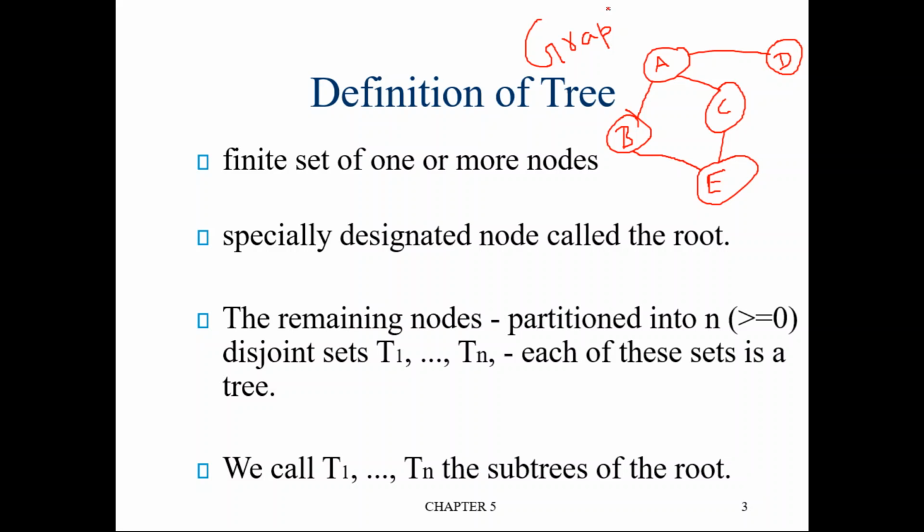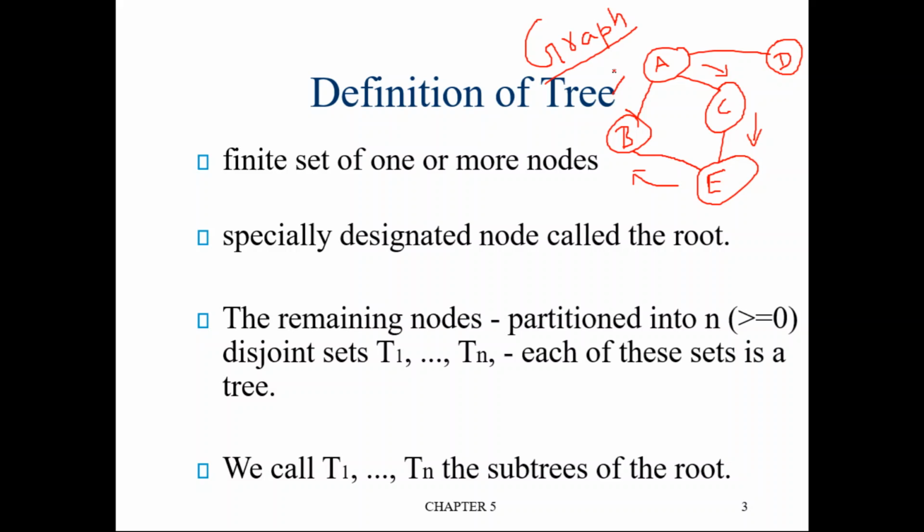Because a tree is a graph without cycles, and here you can see there is a cycle: A to C, C to E, E to B, and again B to A. We are not mentioning any direction, so it is an undirected graph. If there is a cycle, which we call either a cycle or a circuit, in a graph, then that graph cannot be called a tree.